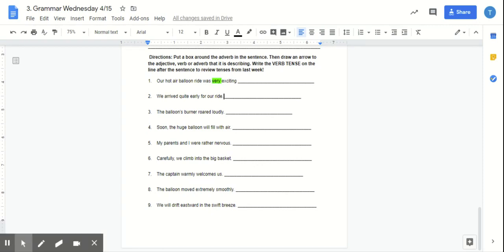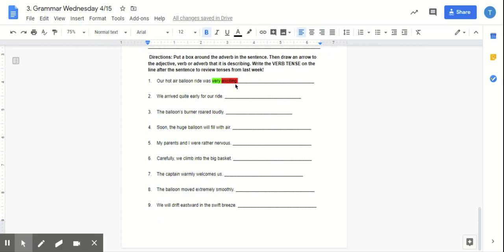Okay, so in this case, I am going to highlight "exciting" in red because that is the word it is describing in the sentence. So it's saying right now, this hot air balloon was not only exciting, which is what part of speech? The adjective, but it was very exciting. So I'm going to put "very" in green for my adverb, and I'm going to put "exciting" in red as my adjective that the adverb is describing.